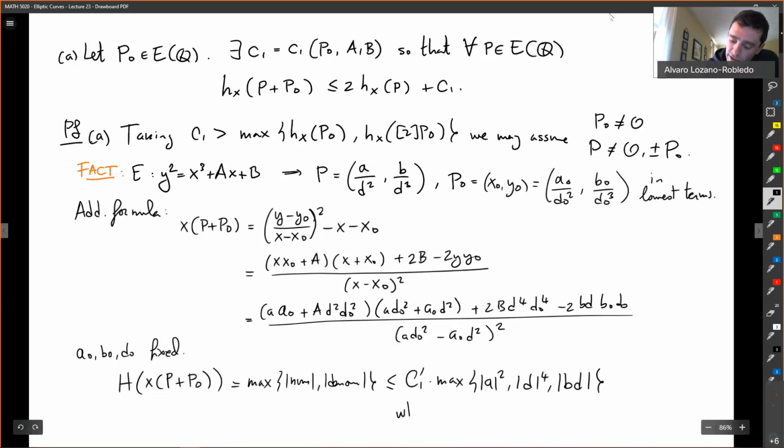Okay, so C1 prime does depend on a, b, a0, b0, d0.